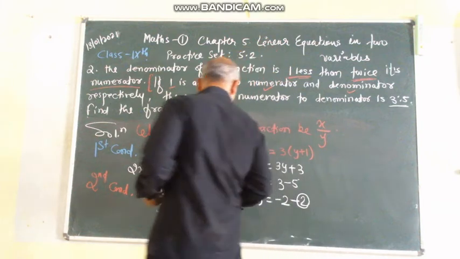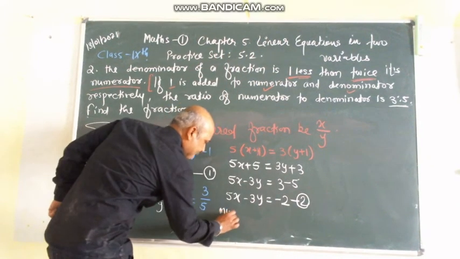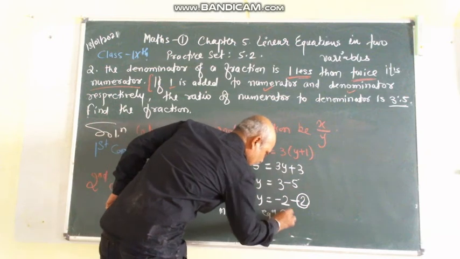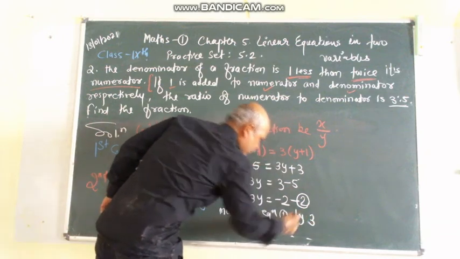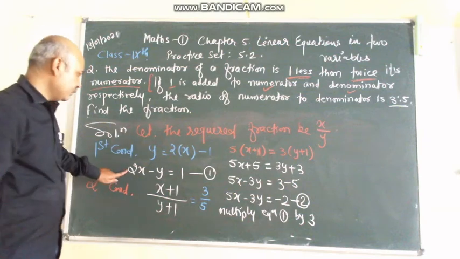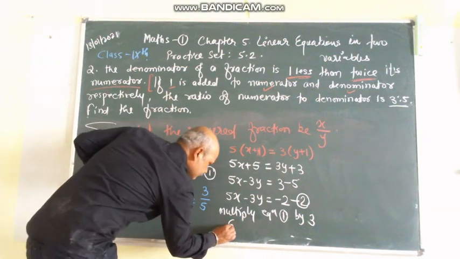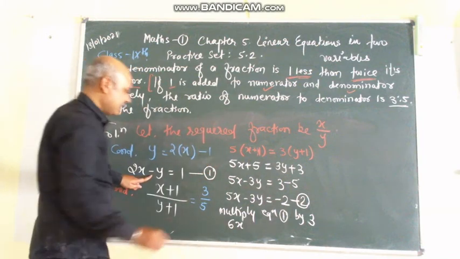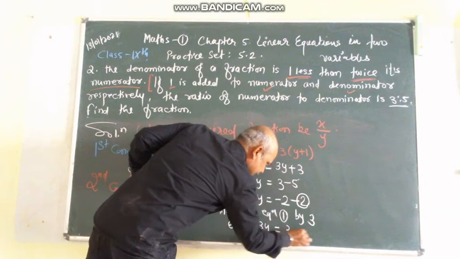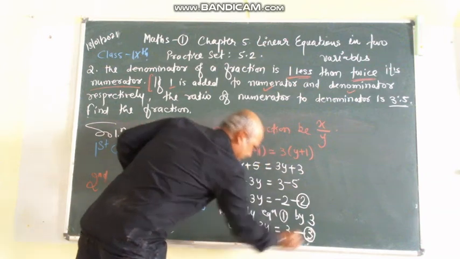When you multiply equation 1 by 3, you will get 6x minus 3y is equal to 3, three ones are 3. This is equation number 3.